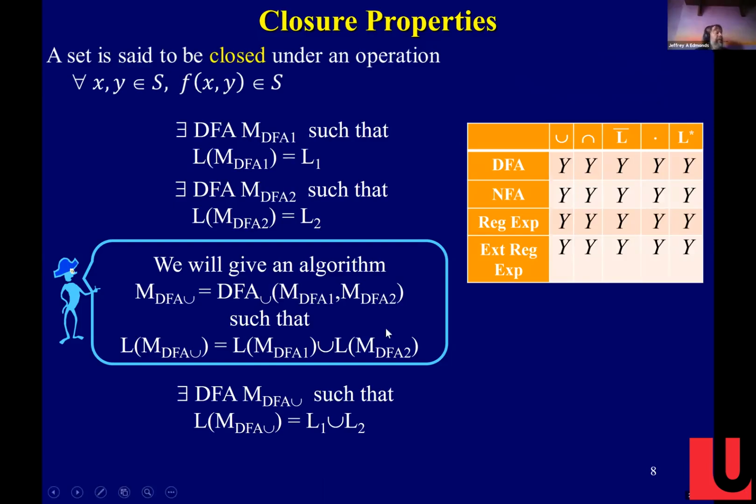So here are various things that we want to see if it's closed under. Is it closed under union? Is it closed under intersection, complement? Is it closed under concatenation? Is it closed under Kleene star? And what we want to prove is that it's closed under all of them.